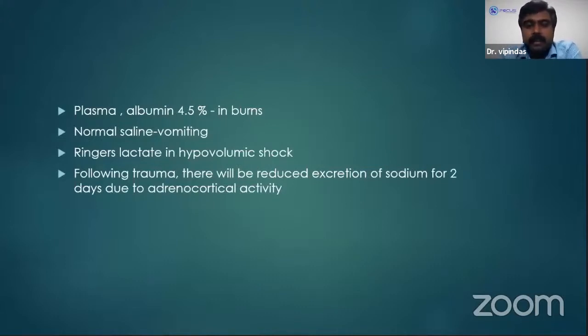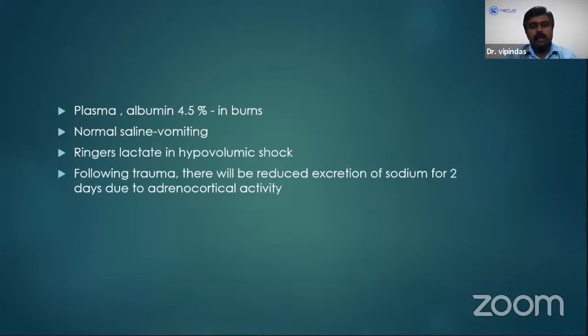Okay, and the other important things are plasma and albumin. They should be given in burns patients. And normal saline can be given in vomiting and diarrhea. And it is already discussed that Ringer's lactate is indicated in hypovolemic shock.